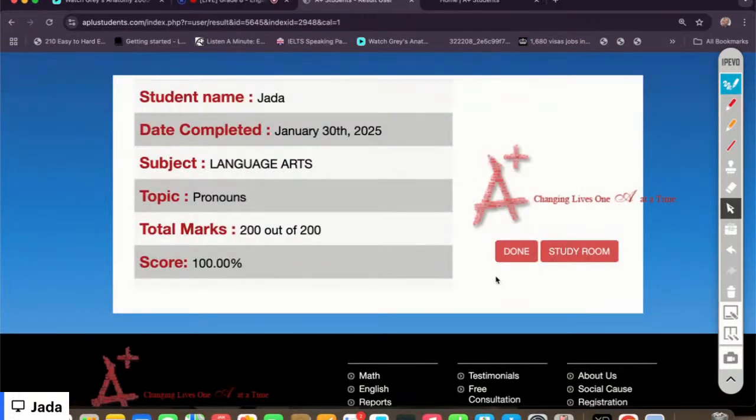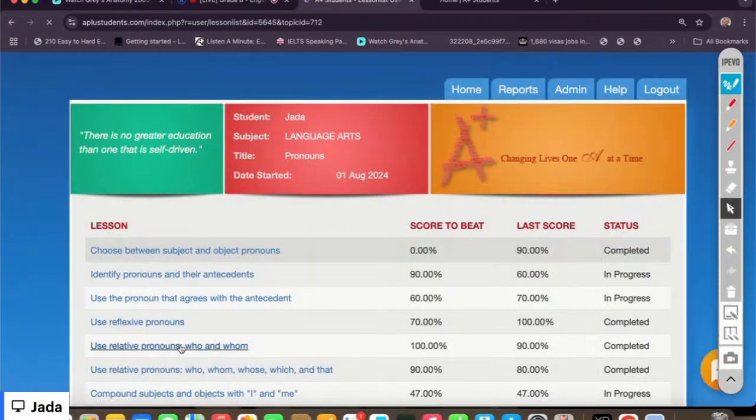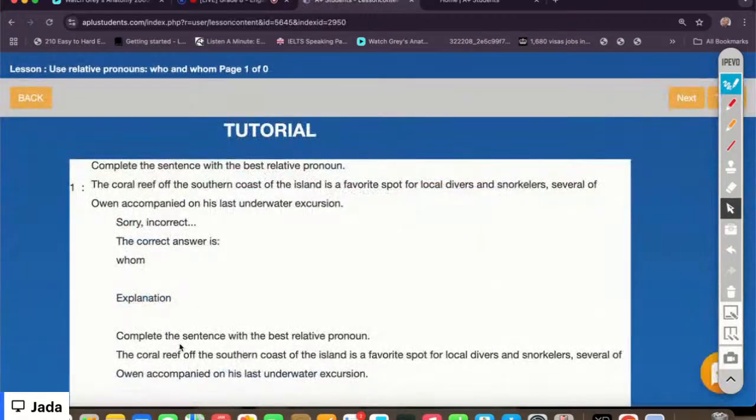Now we'll move into the next lesson for today, which is using the relative pronouns who or whom. So this is the next.